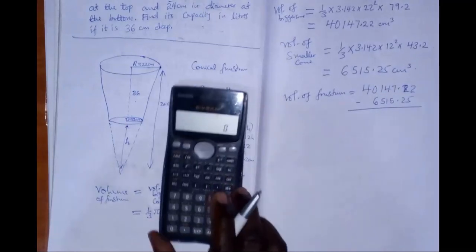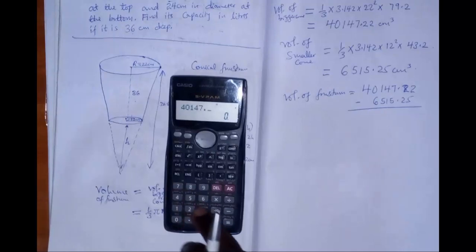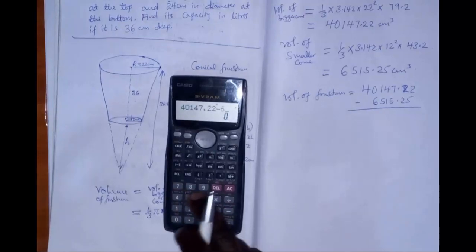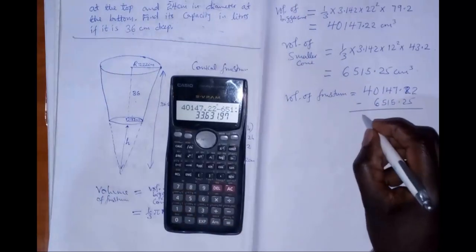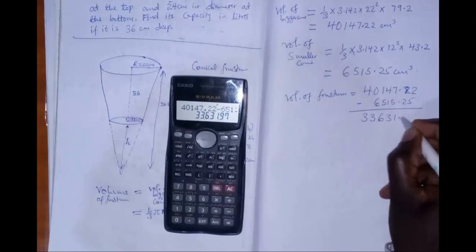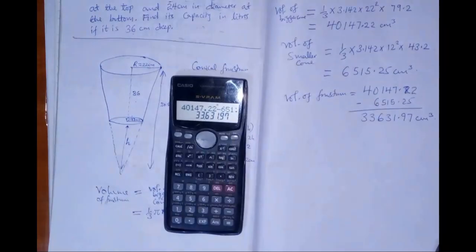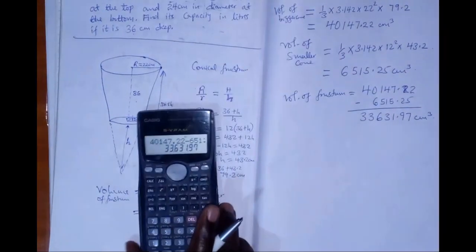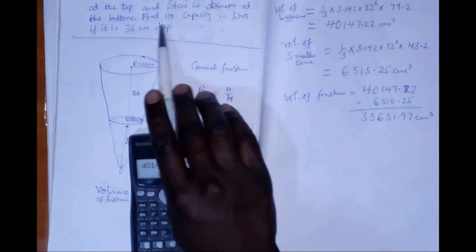So again we shall get 33,631.97 centimeter cube. Now that is the volume of the frustum, but the question is asking we find its capacity in liters if it is 36 centimeter deep.